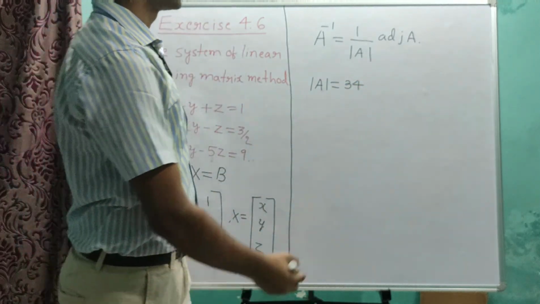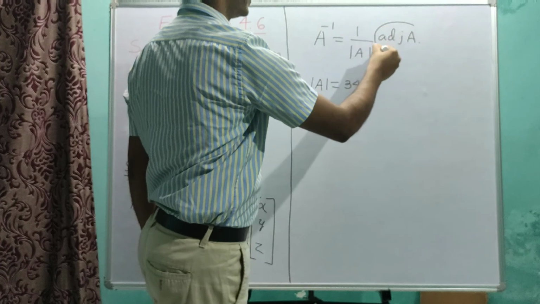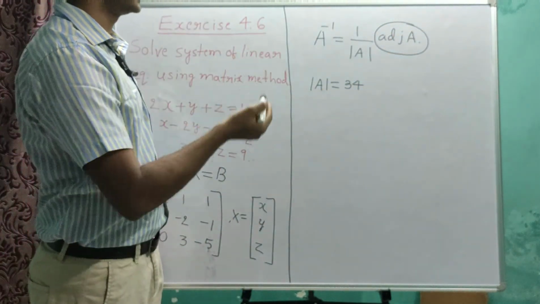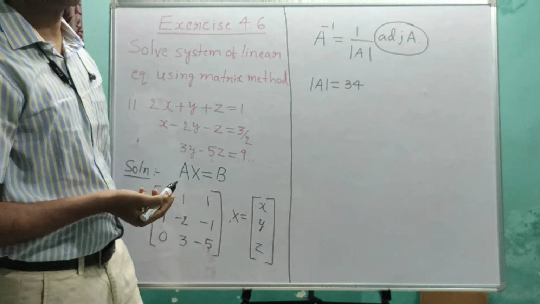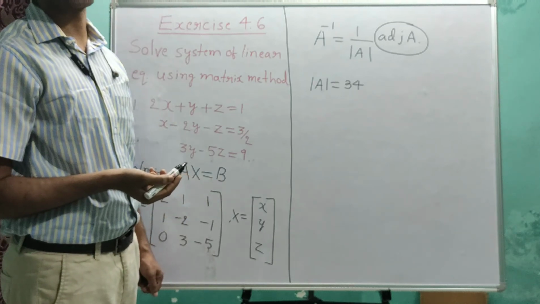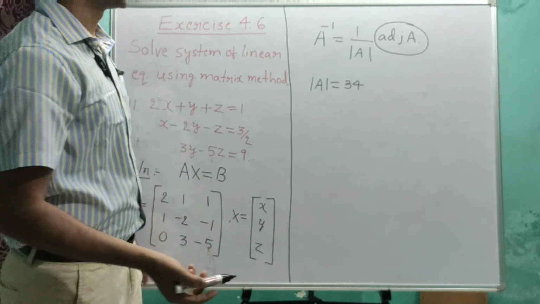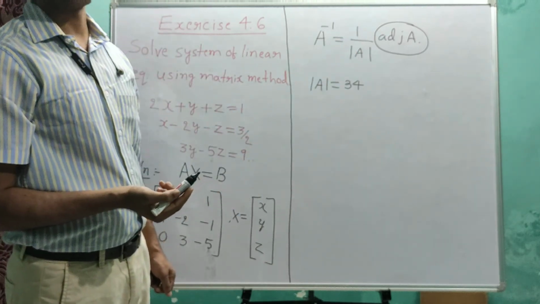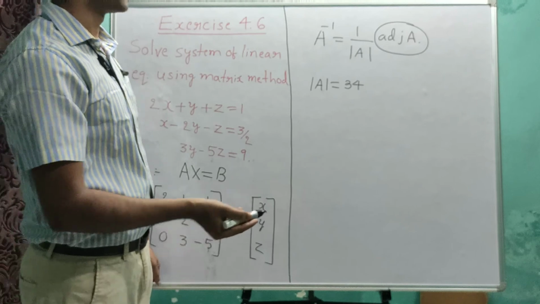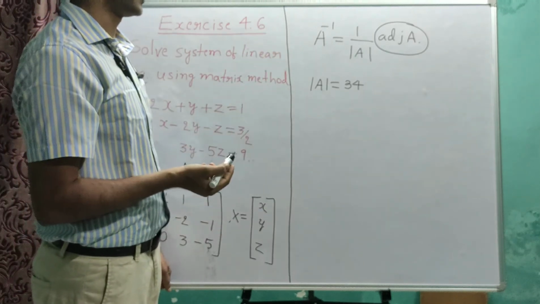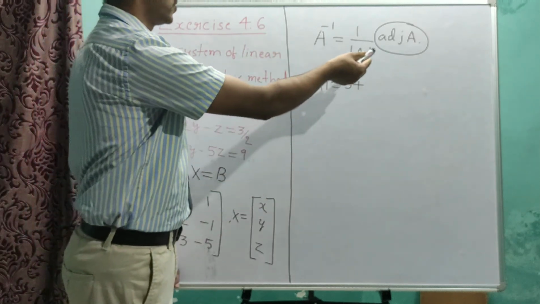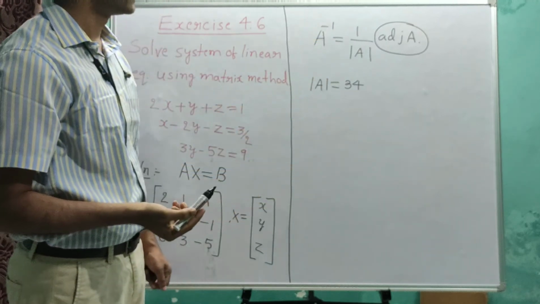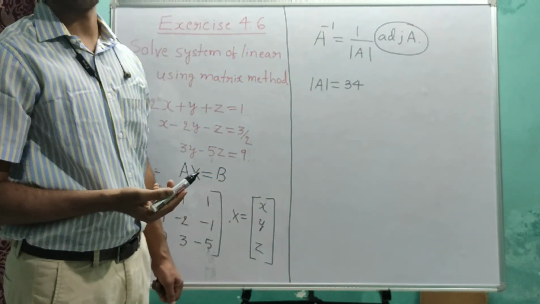Now let us compute the value of adjoint of A. So we know that adjoint of A is the transpose of the cofactor matrix. So now let us find the minors and cofactors. After that we compute the value of adjoint of A. Then we substitute adjoint of A in the equation to compute the value of A inverse.